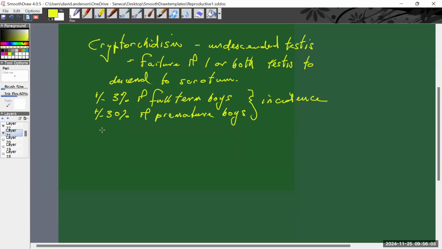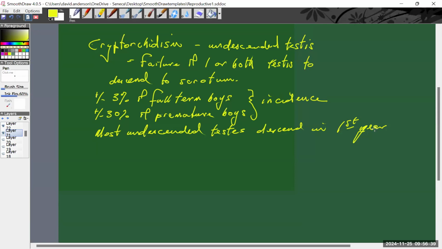So most undescended testes descend in the first year. And the majority of those are going to happen in the first 3 months or so. So it's just a little bit of a delayed reproductive maturity in that respect.